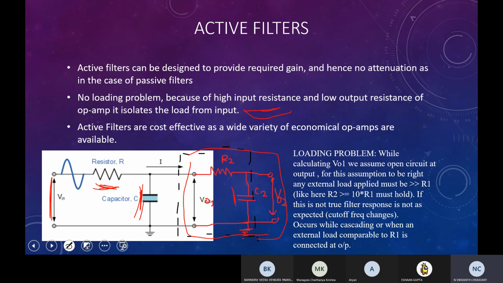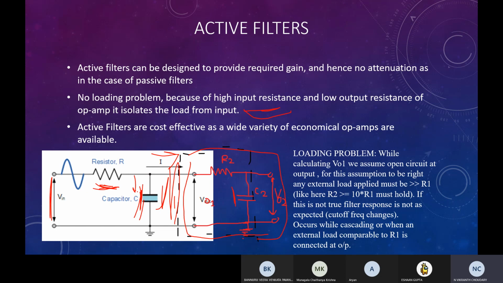But for us, while cascading, the equivalent resistance of this second circuit should be as high as possible. It should be close to infinity, or very high compared to this circuit. Or else more current will flow across this circuit and there will be less current across the first one, and the final output gain would reduce because the current reduces, so the voltage will also reduce.